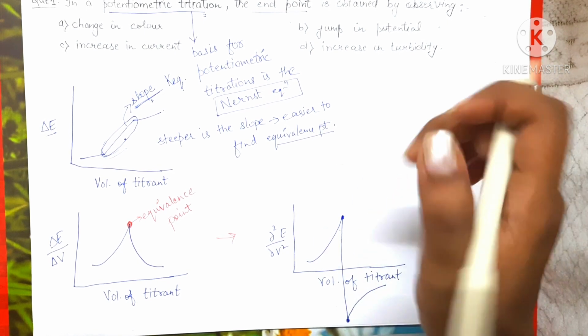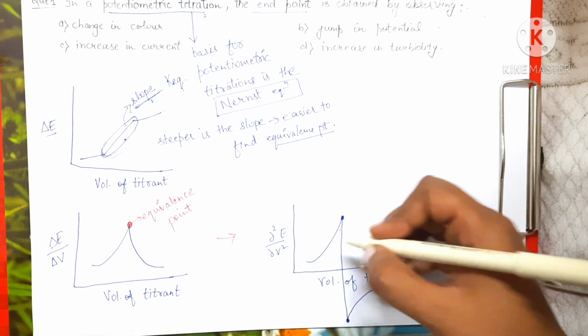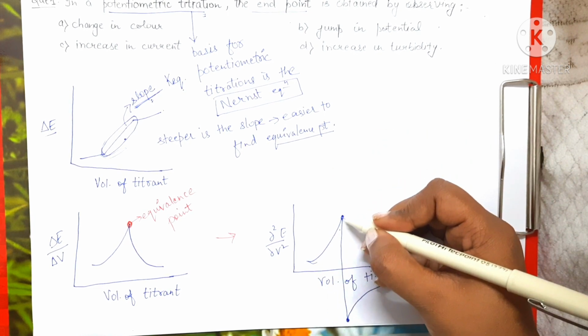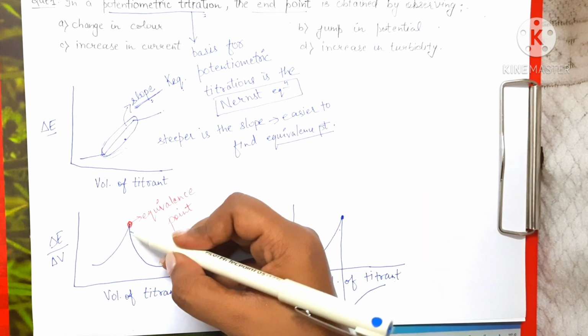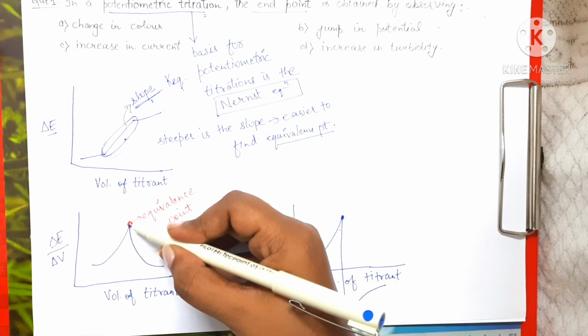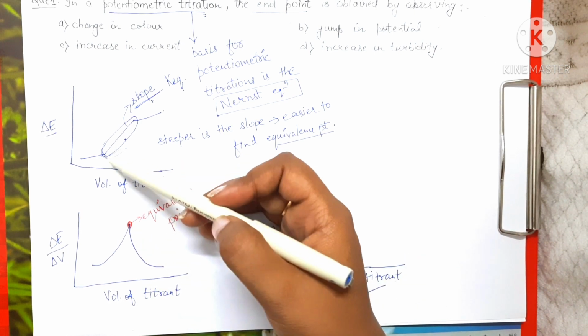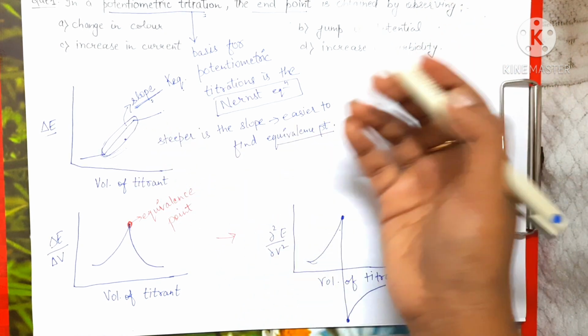So what we are observing in all these cases is the jump in potential. See, here the potential value was initially increasing and suddenly there was a jump in the potential. Here also there was a sudden jump in the potential. After this point there was a sudden change, and here also there was a jump in the potential between these 2 points, right?